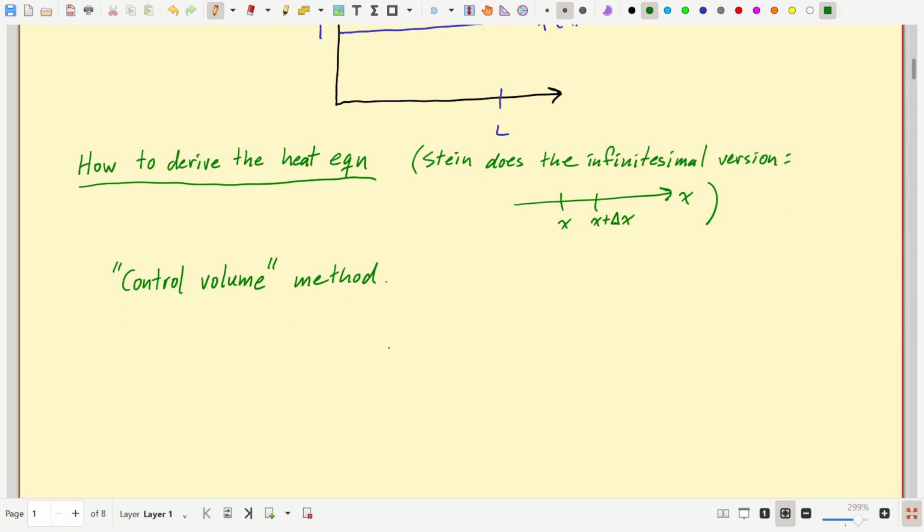Okay, so the control volume method is going to be, we're going to look at a piece of the wire that starts at x1 and goes to x2. And think about the physics of the heat in that piece of the wire.